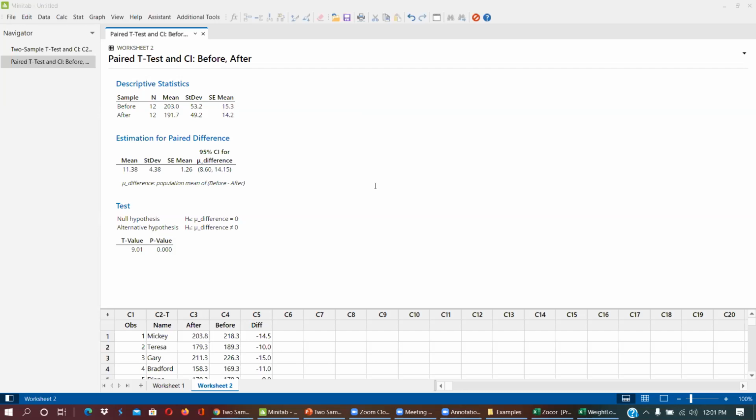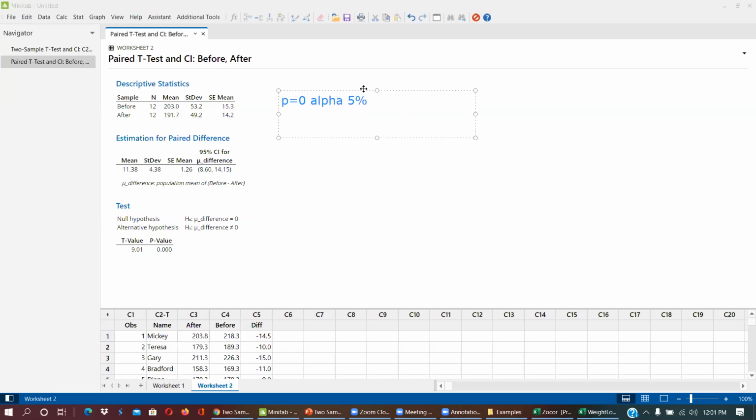The p value is 0 and the alpha value was 5%.